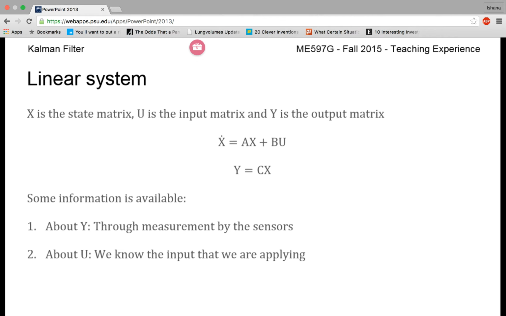Now we have some information available about these, which is the output and the input. We know what the output is since we can measure it. And we know what the input is since we're the ones who are applying the input to the system. So we have information about these two, but it may not be the complete information.